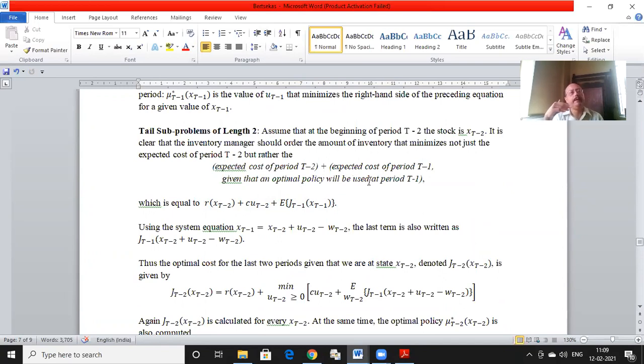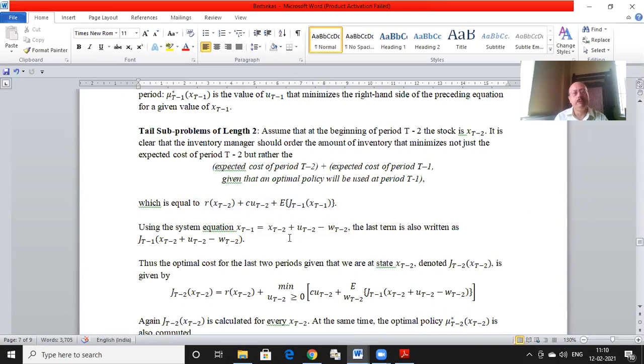So at T minus 2, I know that tomorrow I will play the optimal thing. Knowing that, what should I do today at T minus 2? Similar logic will tell me that this is the expression that I am going to face. I already know tomorrow's minimizer solution.